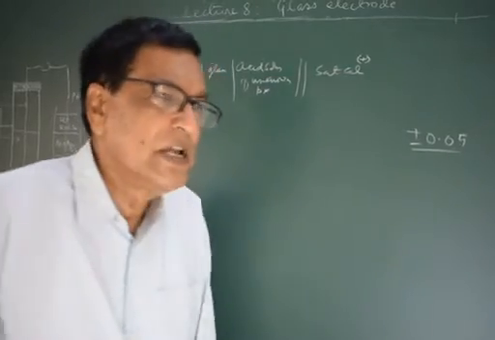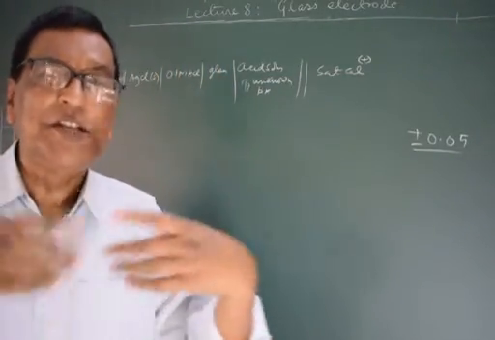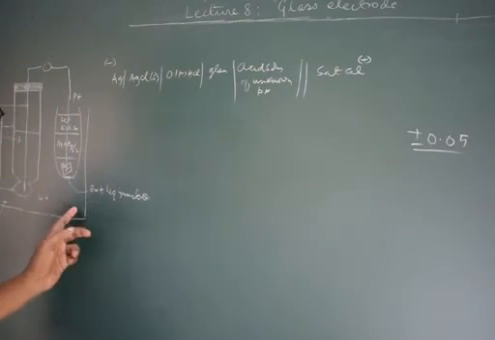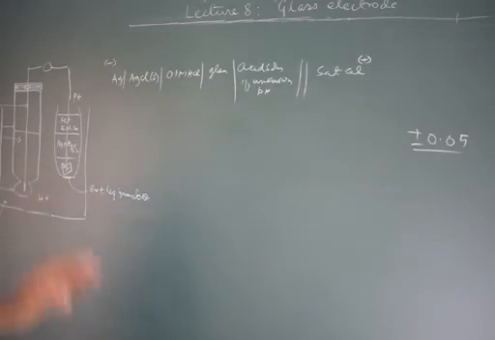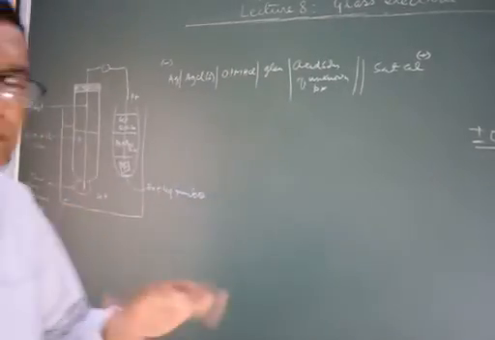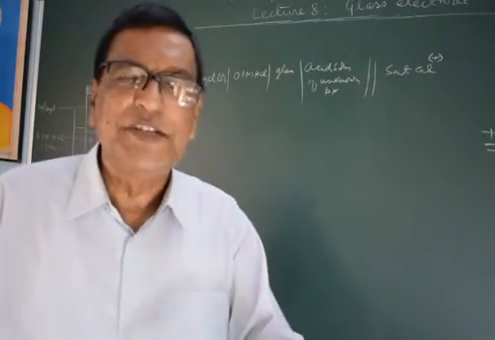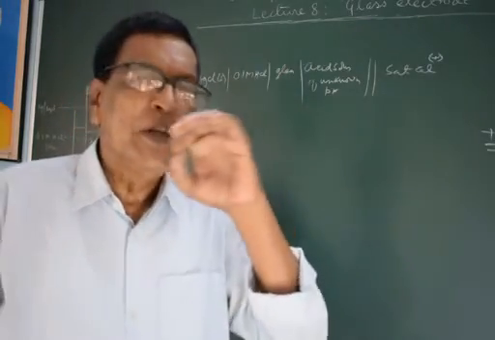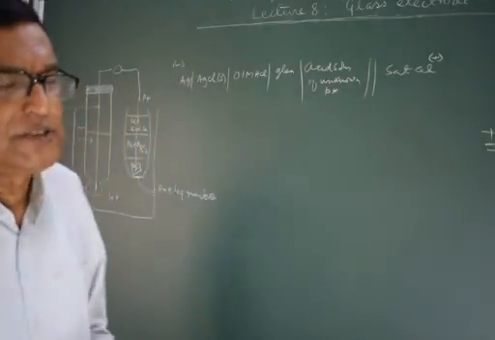Not only that, a glass electrode can be used in solutions containing other ions also. This glass electrode is only sensitive to hydrogen ions and not to other ions. Its value does not depend on the presence of oxidizing agents or reducing agents. Oxygen need not be removed, and protein error or poison, nothing will affect this cell potential.